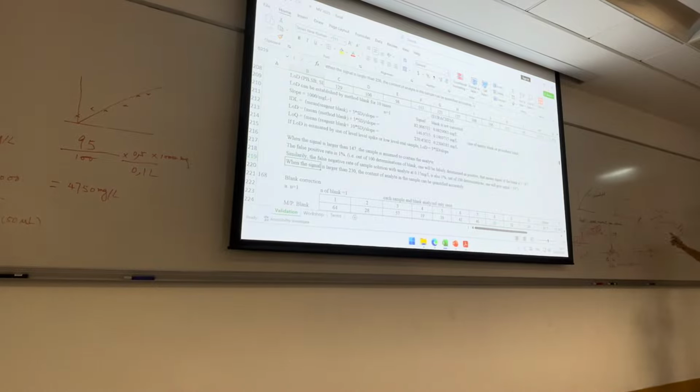This is zero, this is near zero. So the SD, the fluctuation, is more or less the same, slightly different. I cannot say exactly the same, but much more similar. So the false positive here is 1%. The false negative is also 1%.